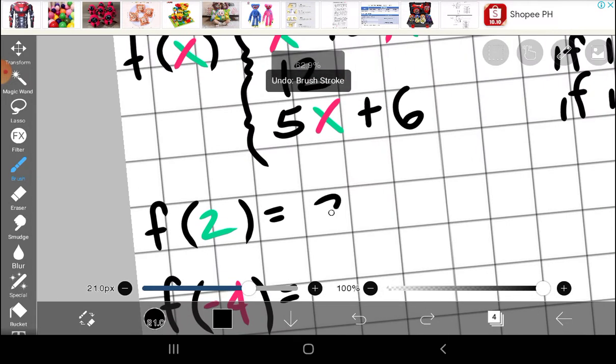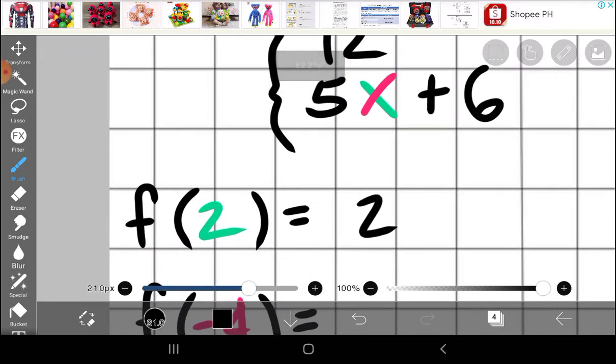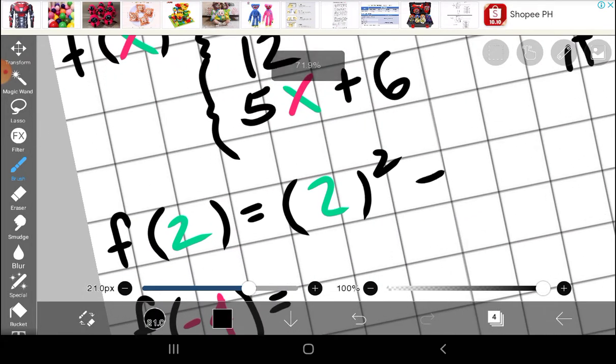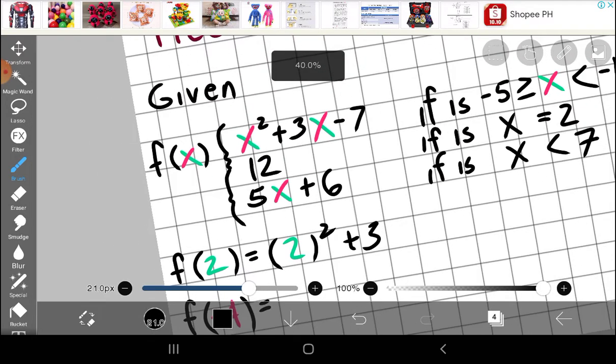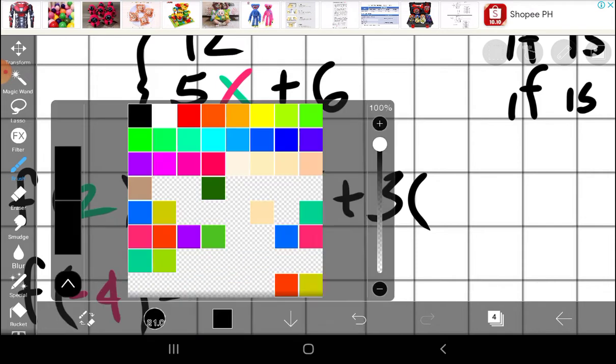So 2 will be swapped, and negative x squared will be turned into positive 3. And x will be swapped to 2.